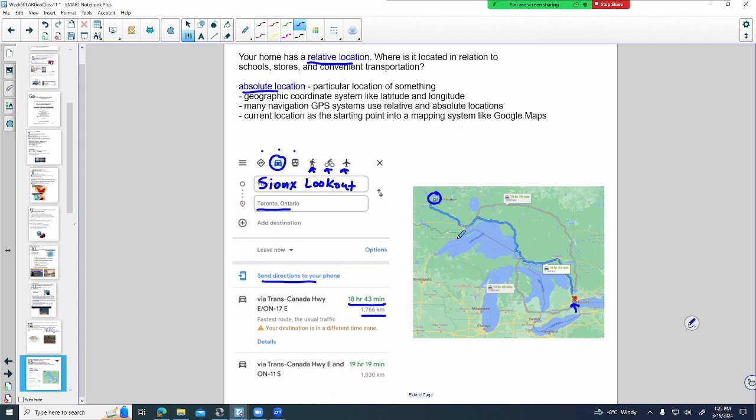Or if I take Highway 11, it will be longer, not that much longer, 19 hours and 19 minutes, or 1,830 kilometers. So many navigation or GPS systems use relative and absolute locations. And like I said, your current location is your starting point in a mapping system like Google Maps.